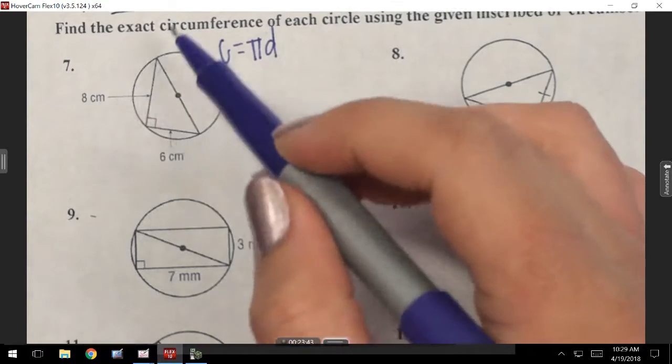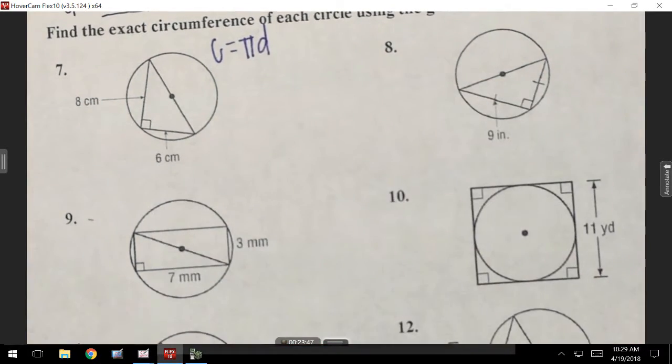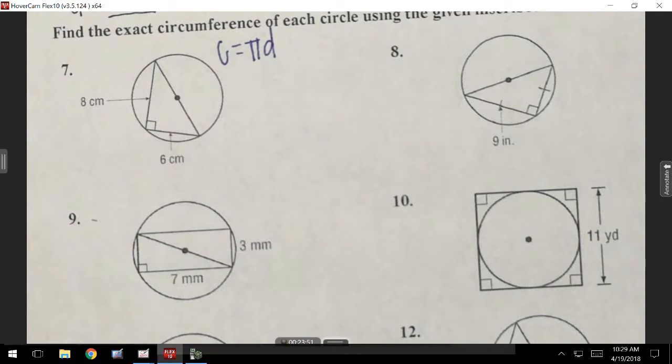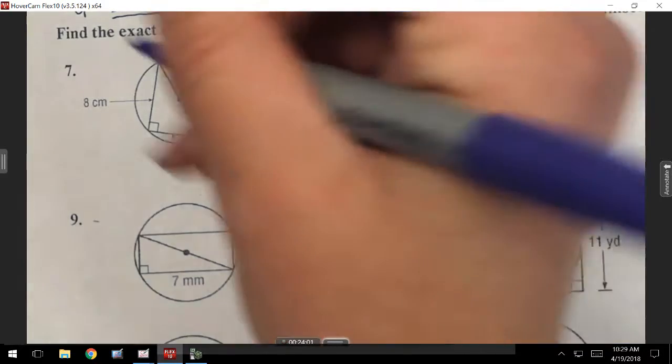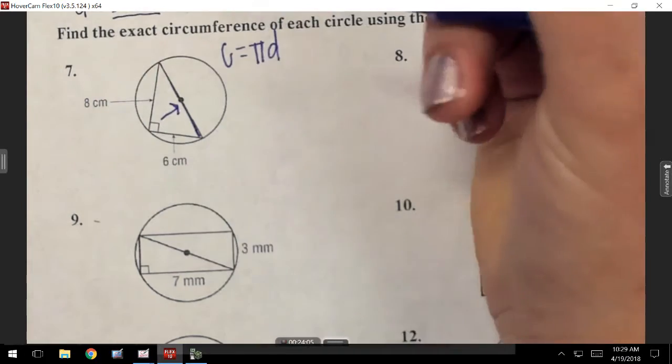What kind of triangle is this? It's a right triangle. And what piece are we missing? The hypotenuse. How do we find that piece? The Pythagorean theorem. So the one you're finding is your hypotenuse because it's across from your 90-degree angle.